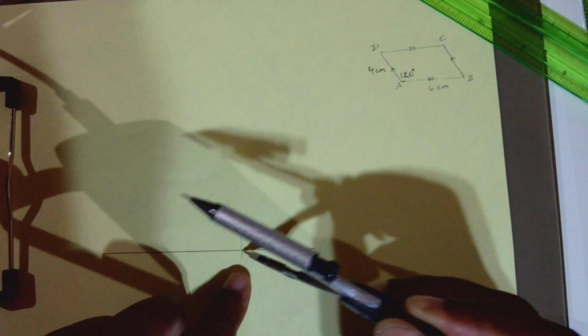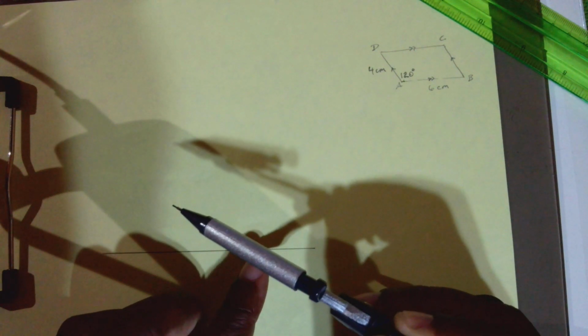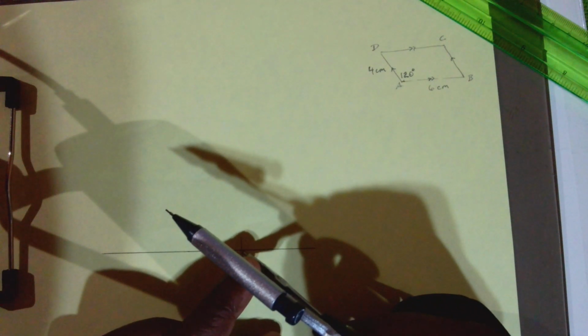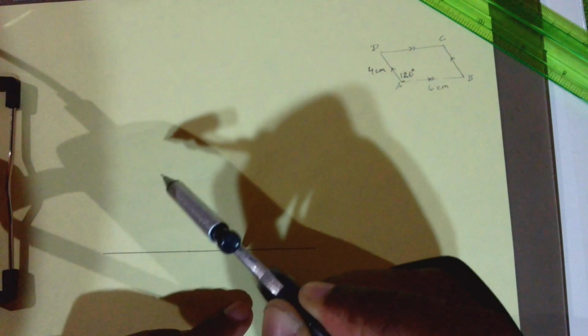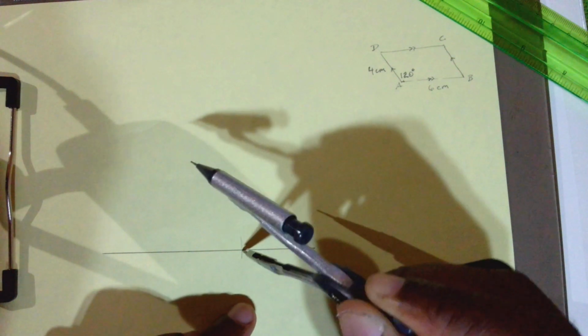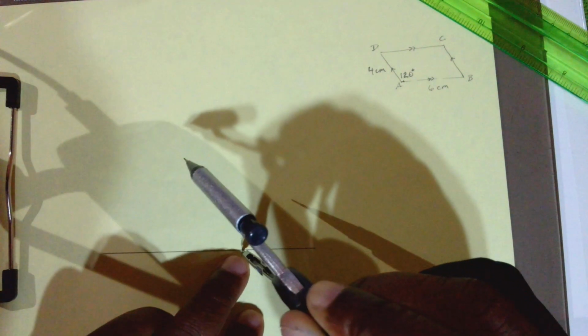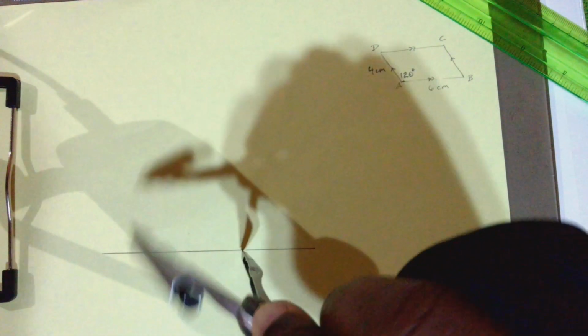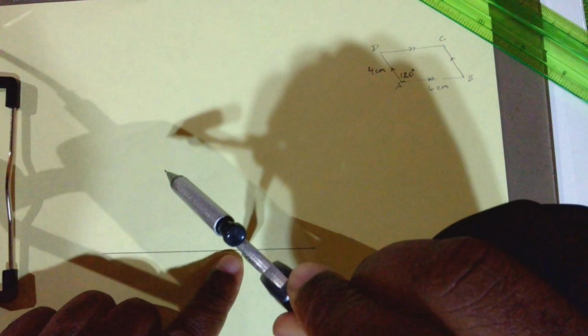and where the arc meets the straight line there, I'm going to center my compass point. And we tend to use the term center because wherever the compass point is, if I should create a complete arc or circumference, then where the compass point is will be the center.